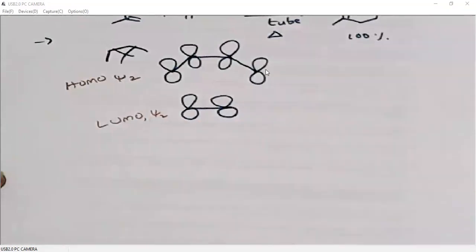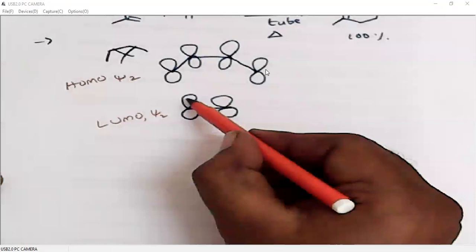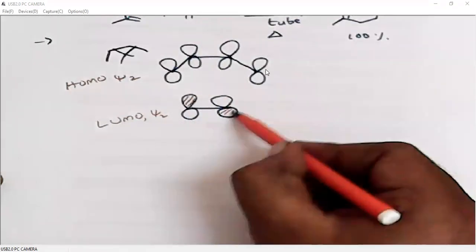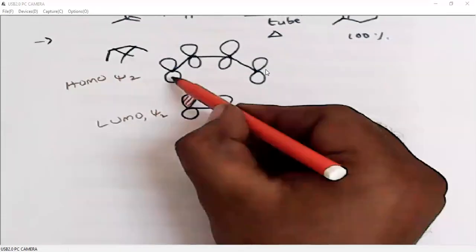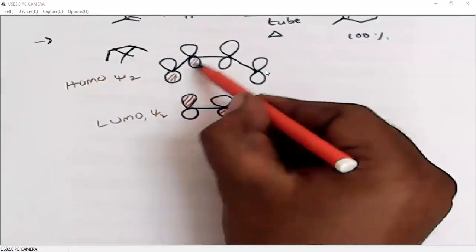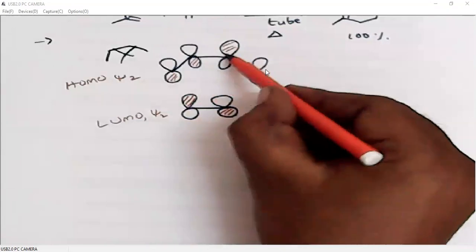In ethene, this is the Psi2. In butadiene, this is the Psi2. We have one node here.